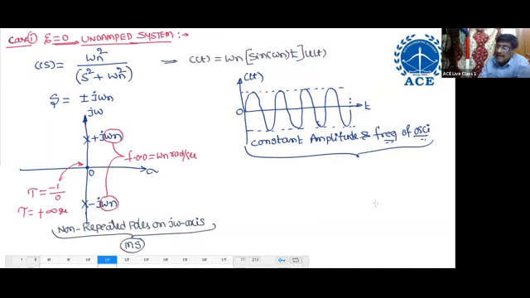Damping means decreasing amplitude, like this. These are not damping, that's why they are called undamped oscillations.